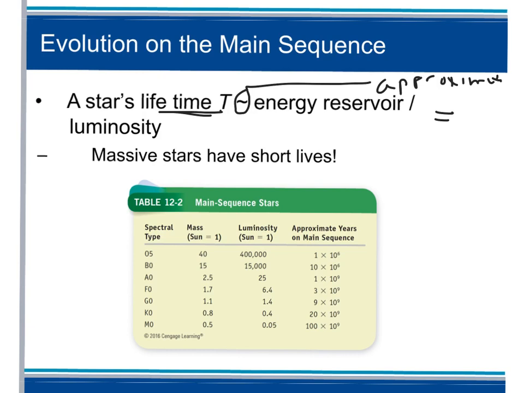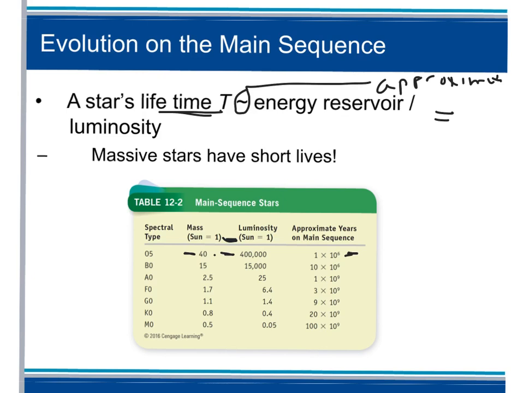And the luminosity of the sun is always our baseline right there. So massive stars have short lives. We see that the more massive the star, the shorter it lives. So the less number of years that it has to live.